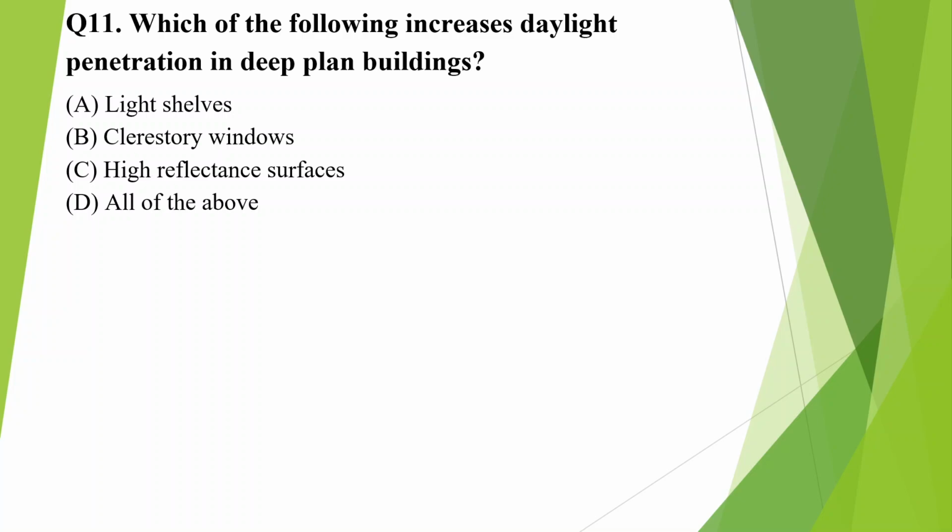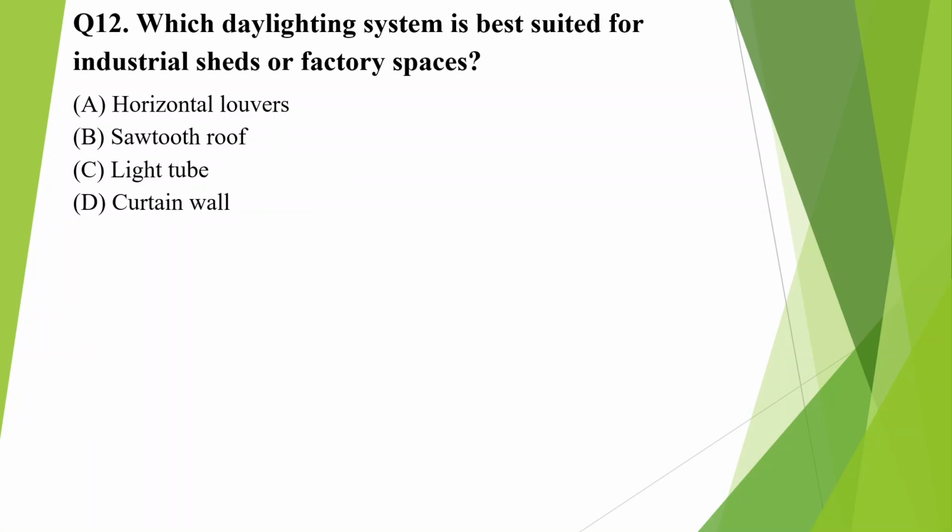Fine. So let us move to the 12th question. Here is the 12th question, which is asking which daylight system is best suited for industrial sites or factory spaces.